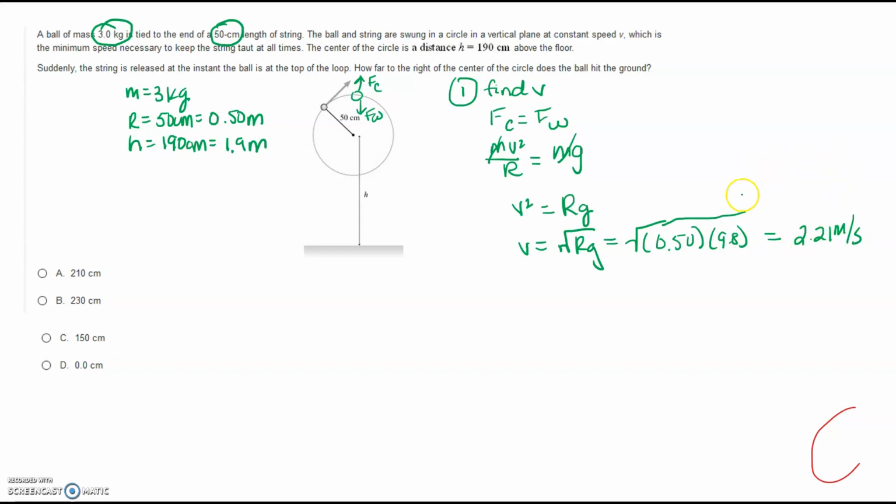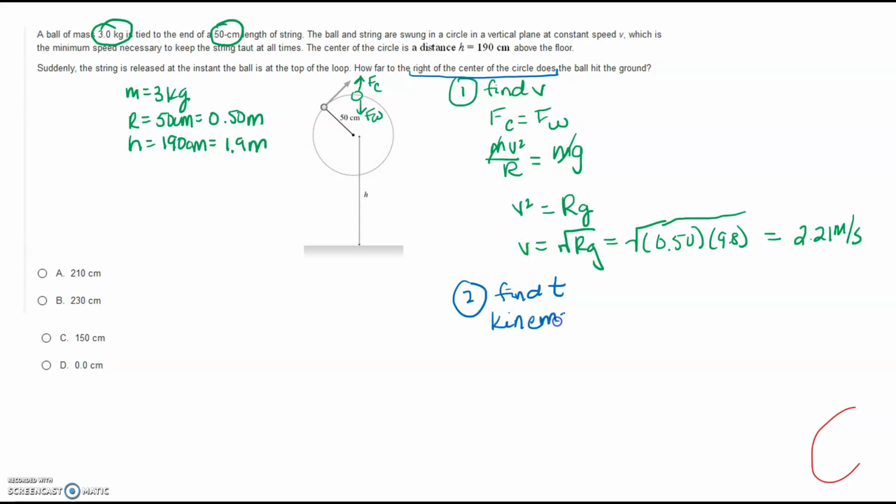Okay, so the second thing I have to do, and I'm going to change colors here, is use a kinematic equation to find time. So find time. Now I'm trying to figure out how far right of center of the circle the ball hits the ground. So I'm going to have to find distance eventually, but I need time to do that.